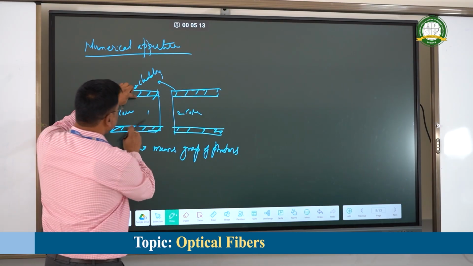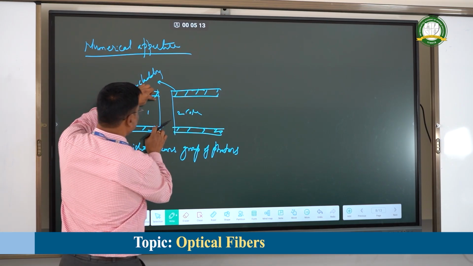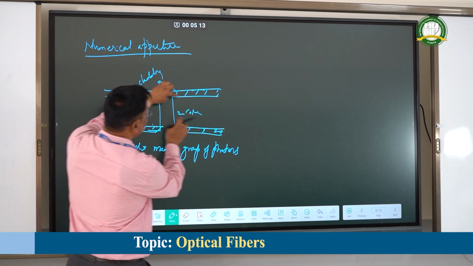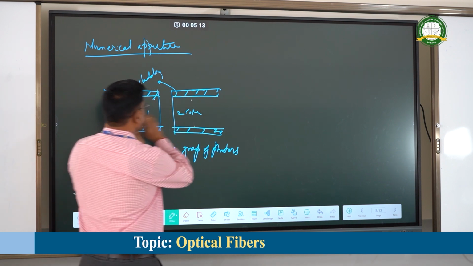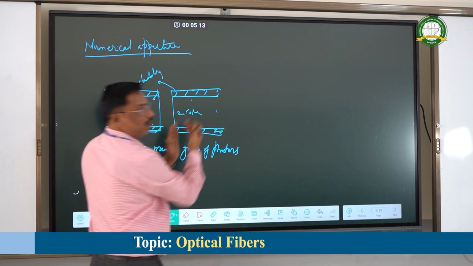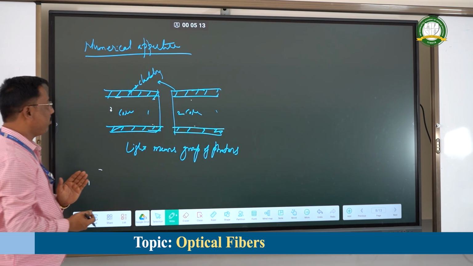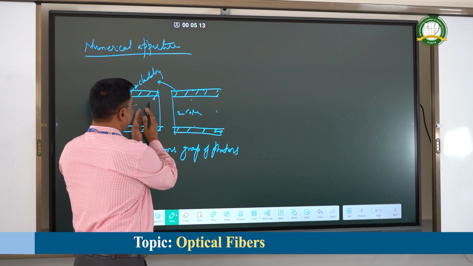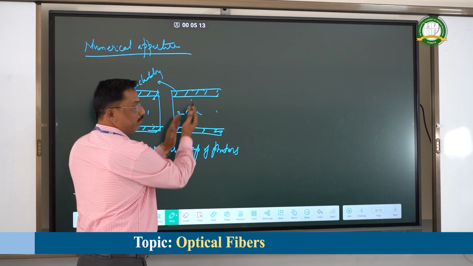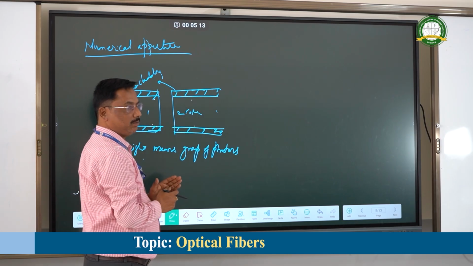When 100 photons are coming from fiber 1, they should enter into fiber 2. The same 100 photons should be coupled from one fiber to the other fiber. Sometimes during coupling of 100 photons from the first fiber to the second fiber, some loss takes place.